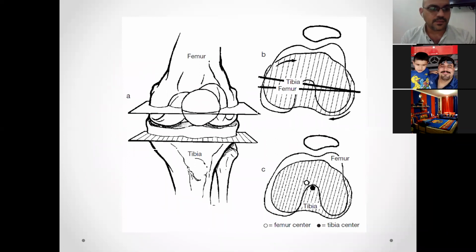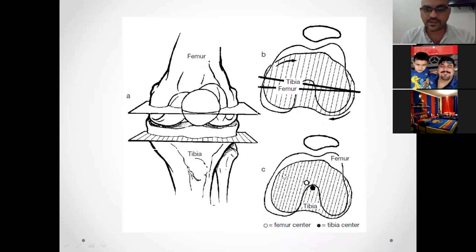However, the center of the tibia, below the femur, is depicted repeatedly in anatomical illustrations in surgical manuals. The center of the tibia, you can see in these pictures. The center of the tibia, in picture C, is defined as the point equidistant from back to front.